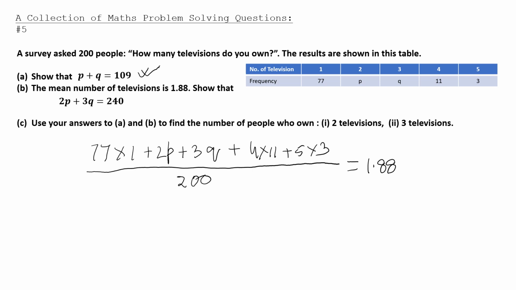So from simplifying it, we can write 2P plus 3Q would equal 1.88 times 200, and that equals 376. And then I would have to take away 77 plus 44 plus 15.